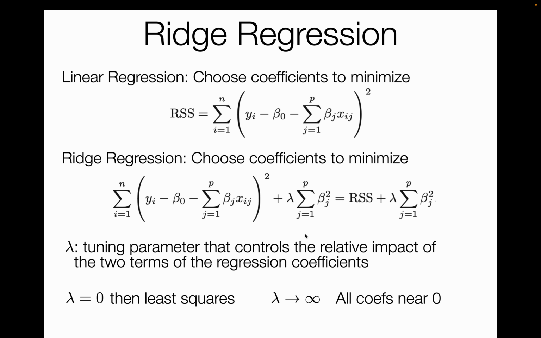In linear regression, you just want to minimize the residual sum of squares, but now I'm adding this penalization term. Maybe not a bias term, but at least we'll call it a penalization term.